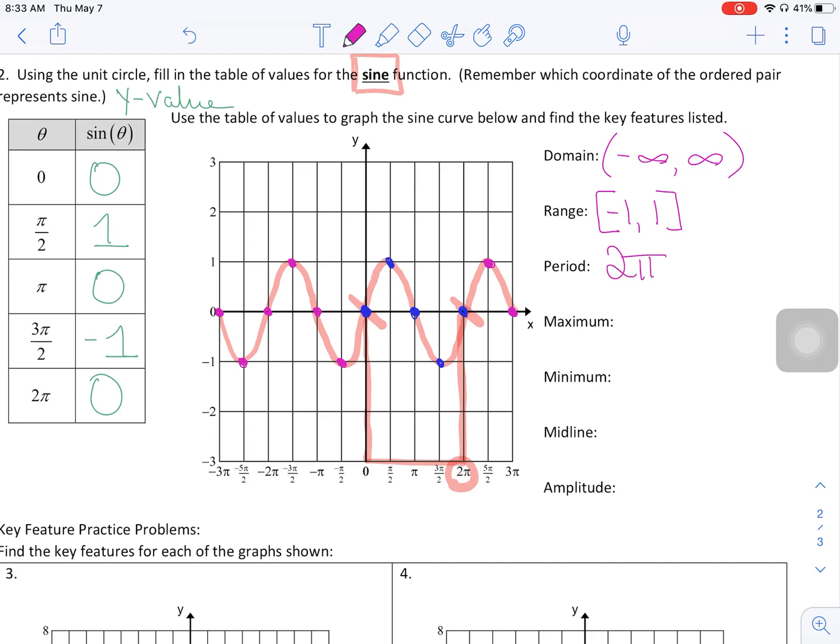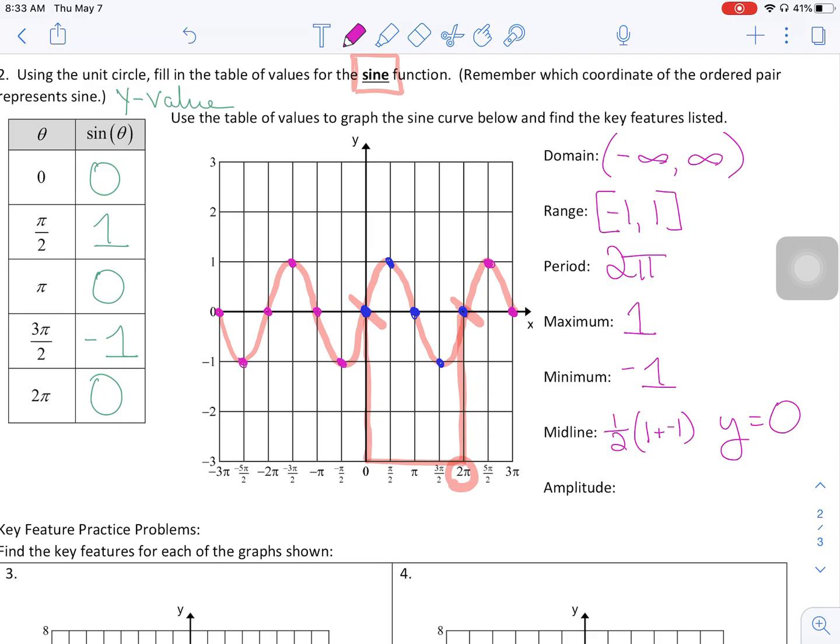Okay. Maximum, we mentioned it already in the range, is a +1. Minimum was mentioned in the range. It's a -1. The midline is the average of your maximum and minimum. So I'm going to take the maximum plus the minimum, and the midline is going to be y equals 0.